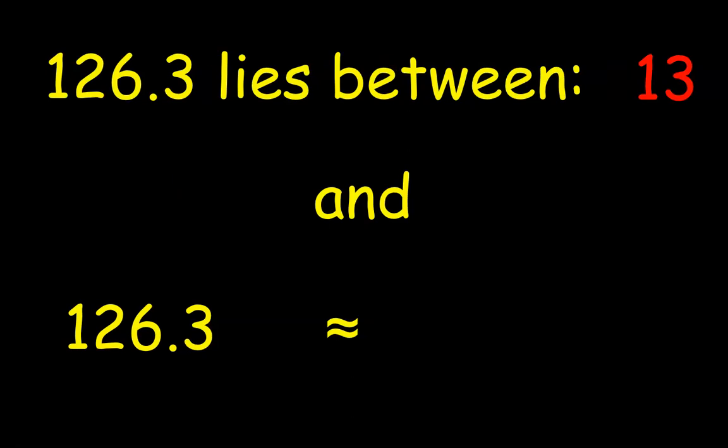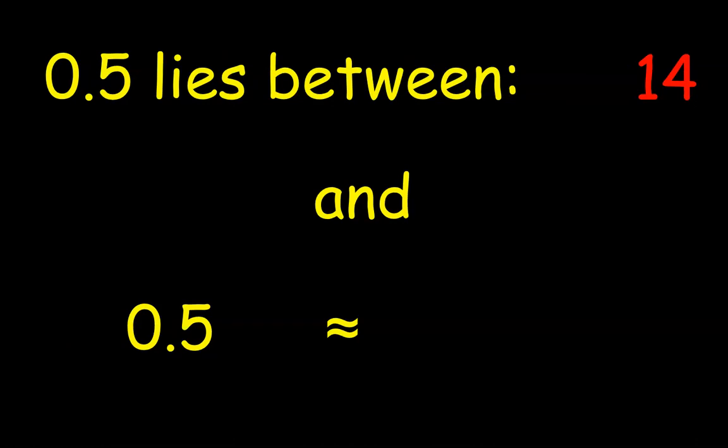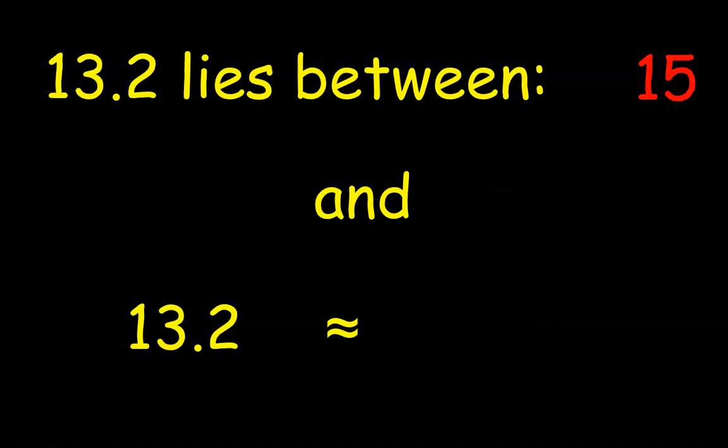126.3. 126 and 127. 126.3 rounded to the nearest whole number is 126. 0.5 lies between 0 and 1. 0.5 rounded to the nearest whole number is 1. 13.2 lies between 13 and 14. 13.2 rounded to the nearest whole number is 13.